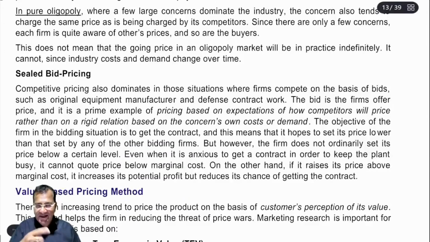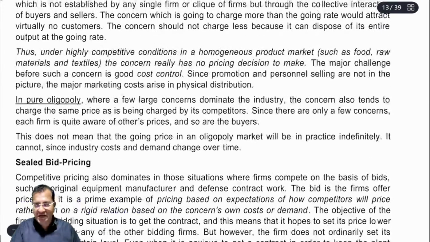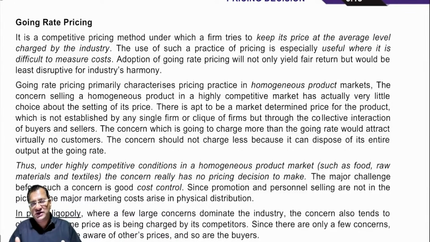While in going rate pricing, there is no imagination of what competitors will charge. We have real data on what competitors are charging when they are selling their product. Based on that original data, we determine our price. That is known as going rate pricing.